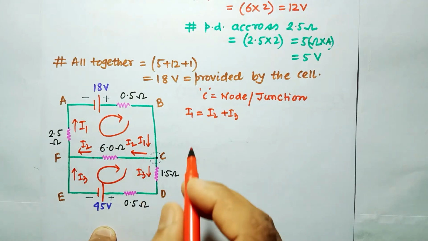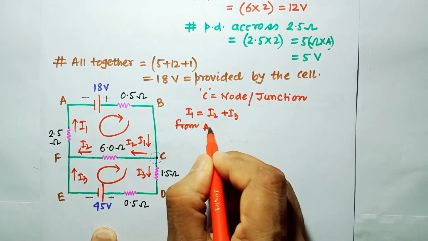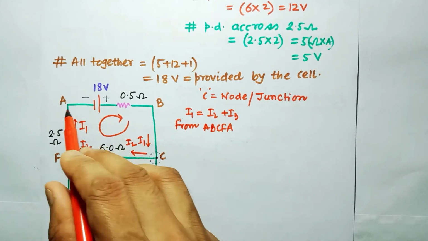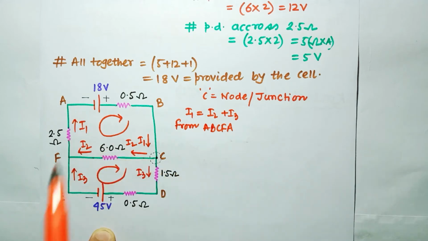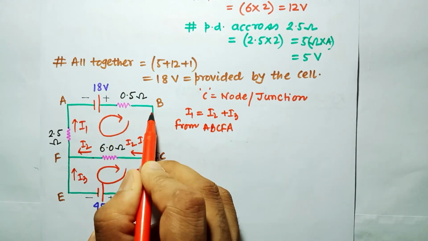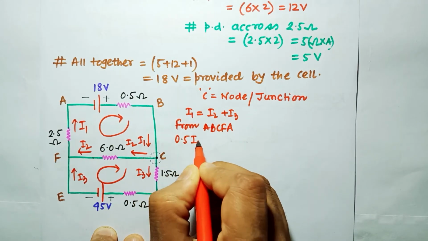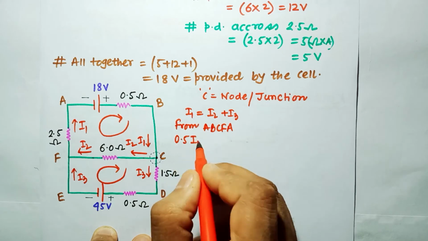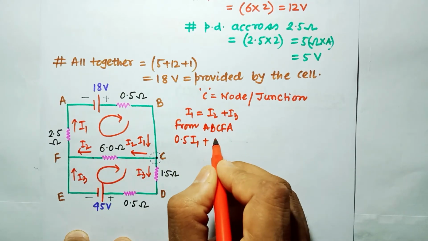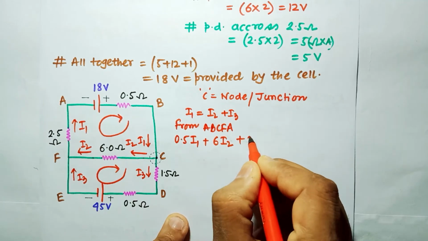So now from the loop ABCFA, if I consider the loop ABCFA, in this direction the current is I1, so the voltage drop will be 0.5 times I1, plus, from the 6 ohm the current passing is I2, so 6 times I2, plus 2.5 times I1.